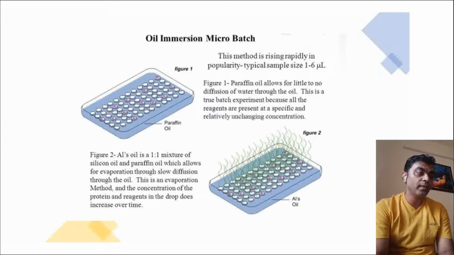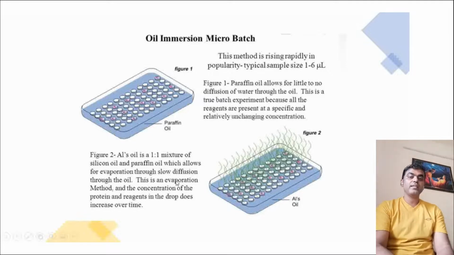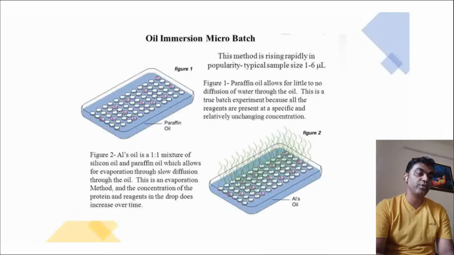Now in the second one, you see the oil is there, and it is a 1:1 mixture of silicone and paraffin oil. Again in this case it allows evaporation, and this is slow diffusion evaporation through the oil.